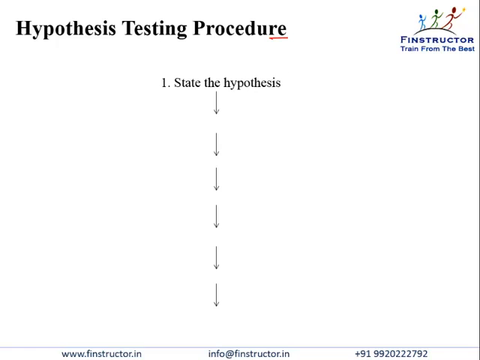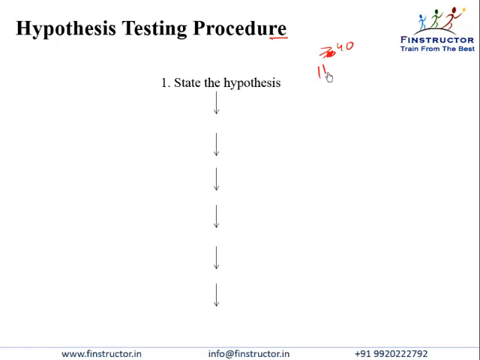So hypothesis testing begins by first stating the hypothesis. That what is it that you want to test? So in the previous example, we wanted to test if the average age is greater than or equal to 40. The null hypothesis that I will explain in the next slide is actually the opposite statement.